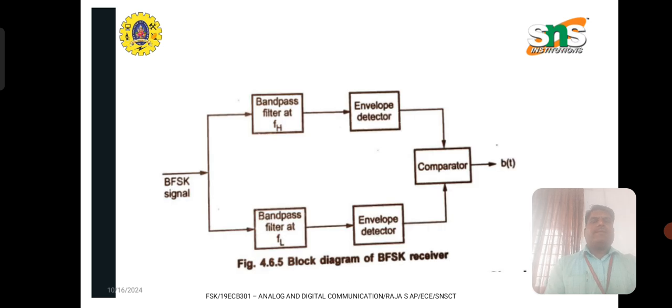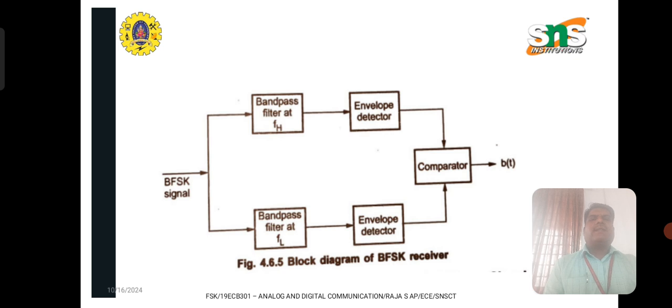So in this non-coherent method of BFSK receiver, the received BFSK signal is first given to the bandpass filter having a cutoff frequency of FH, which is the same as the carrier frequency added on the transmitter side. The bandpass filter at FH will remove the carrier at the 1 sequence.